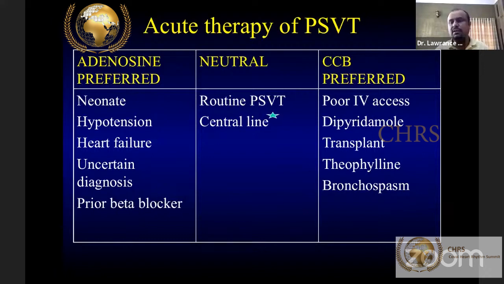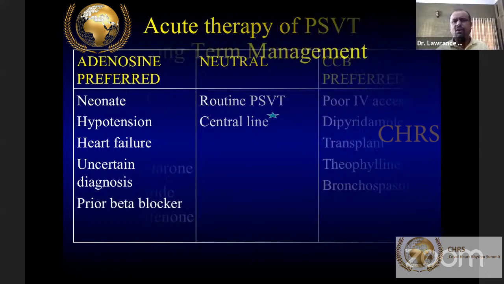Some patients have very reactive airway disease. There you may have to avoid adenosine because it can precipitate a bronchospasm.